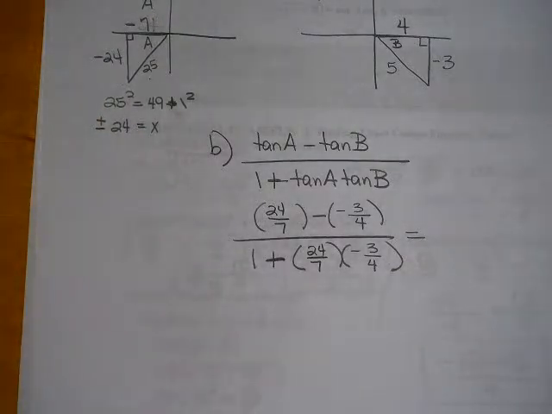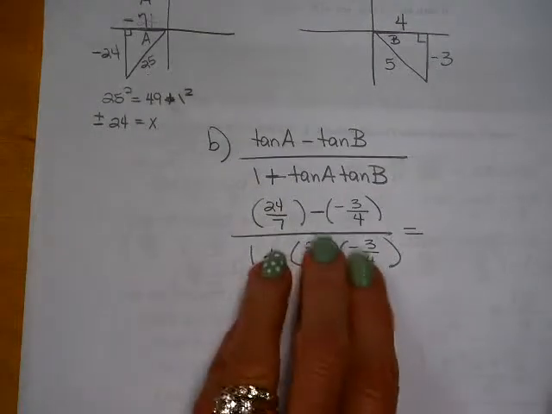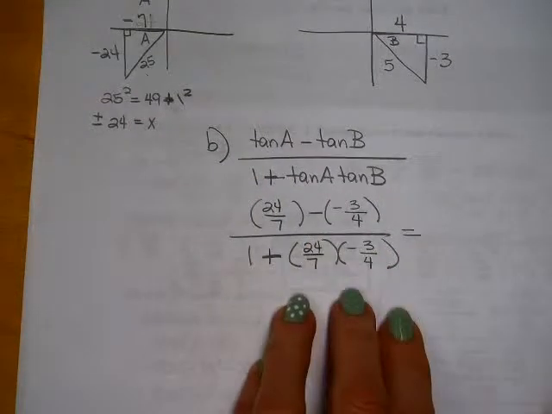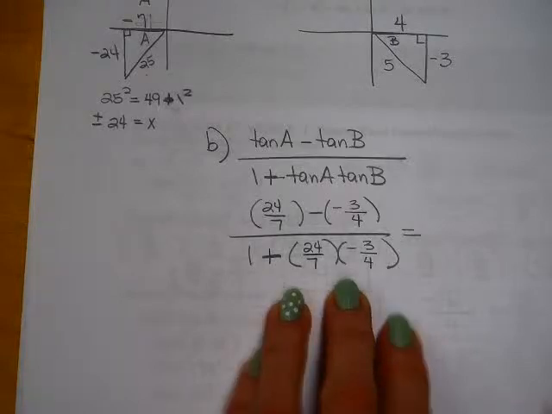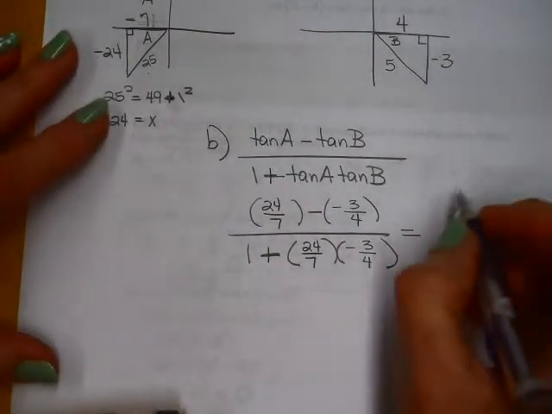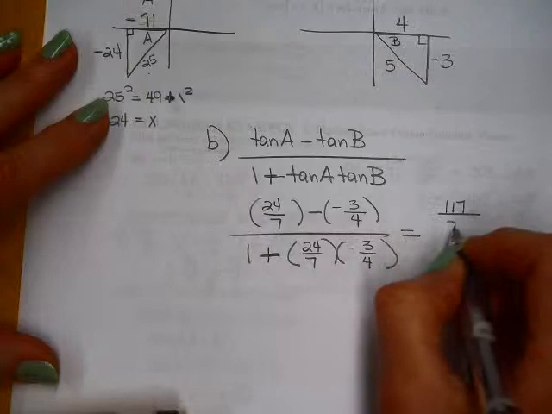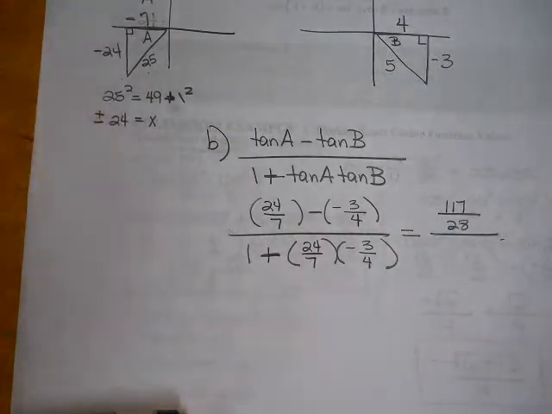Now, if I were you, I would put this in my calculator, but I would be very careful. I would put the numerator in, get my fraction, and then the denominator. And I believe this is 117/28. Oops.